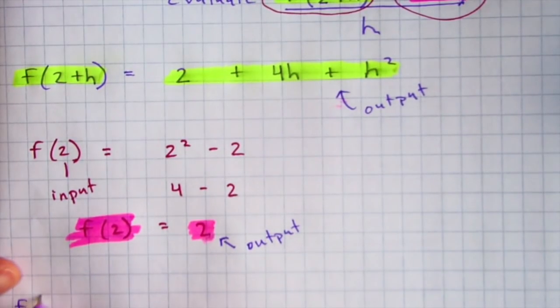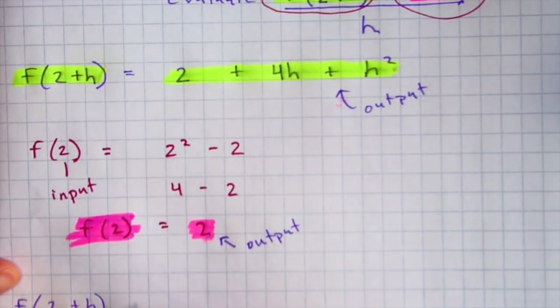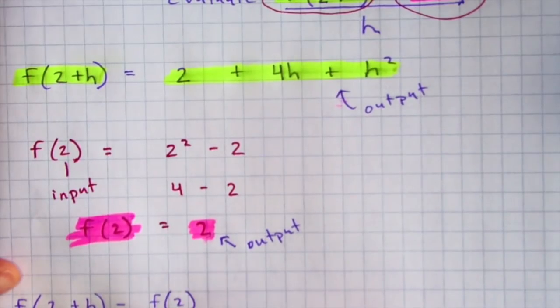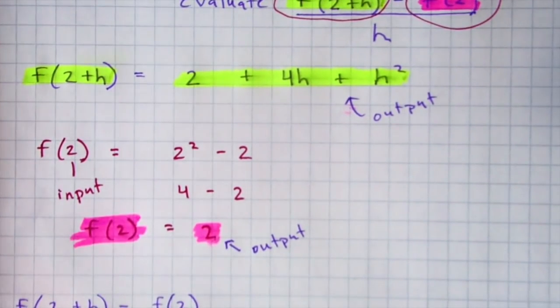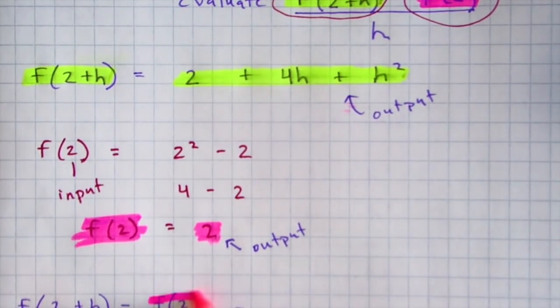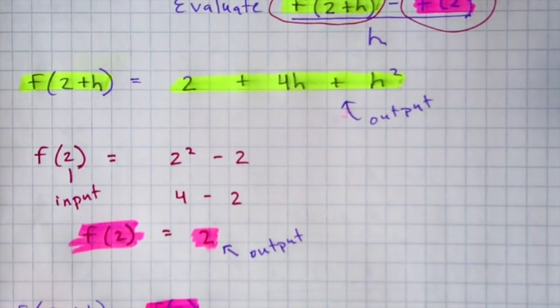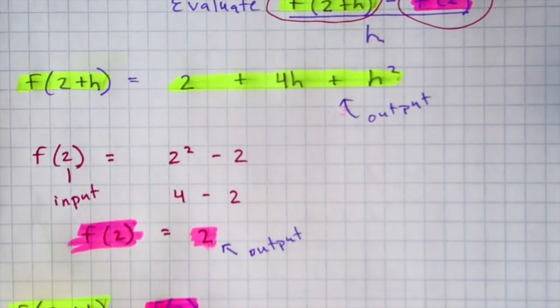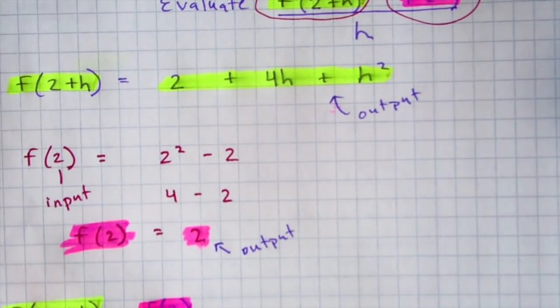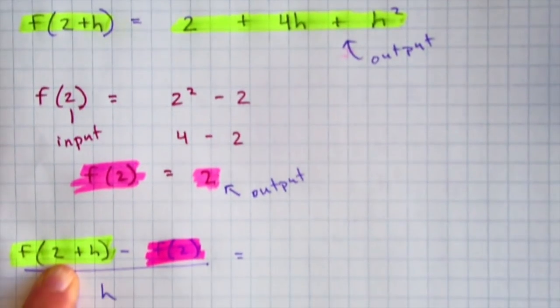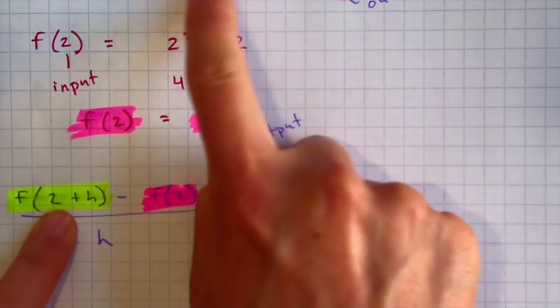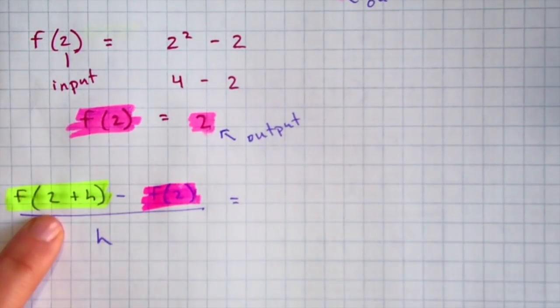f of 2 plus h minus f of 2 over h. Just to keep the color coding going, and remind myself that this corresponds to the pink, this corresponds to the yellow, I'm going to replace f of 2 plus h with the output that it produces.